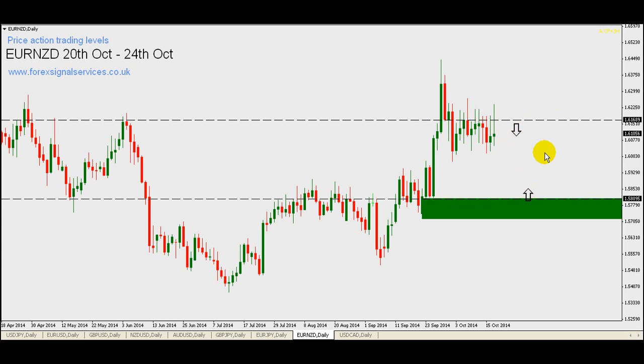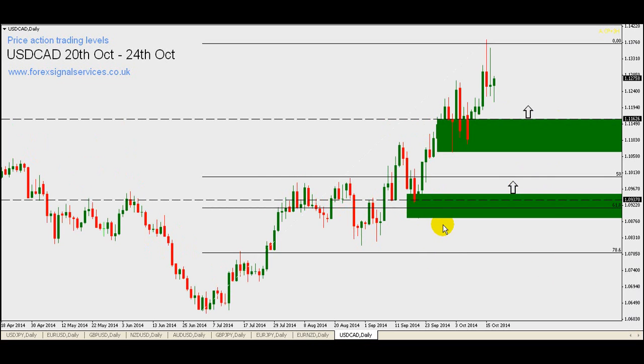That's on EURNZD. On USDCAD, you can see the uptrend just here. You've got this zone here at 1.1162 where the price has bounced out of. So if we come back down to here, it's not exactly a fresh zone, but do look for bullish price action out of here to continue the trend back upwards.